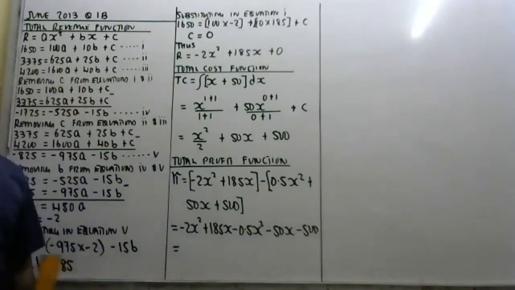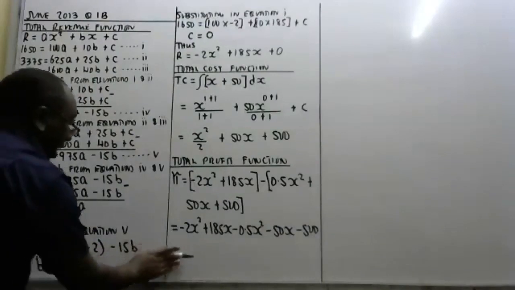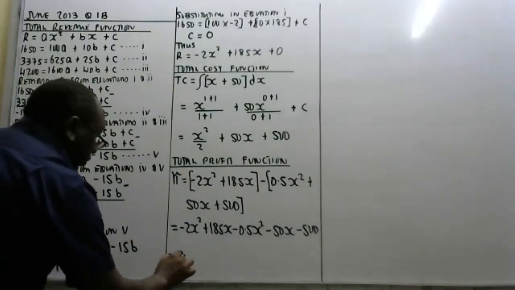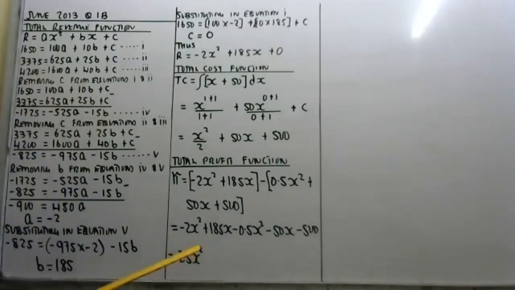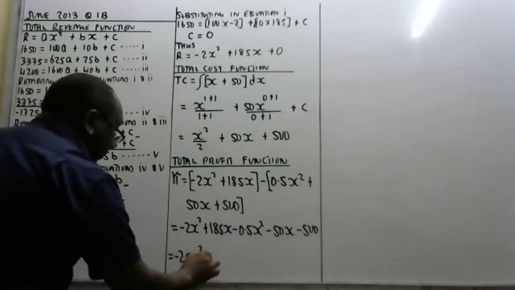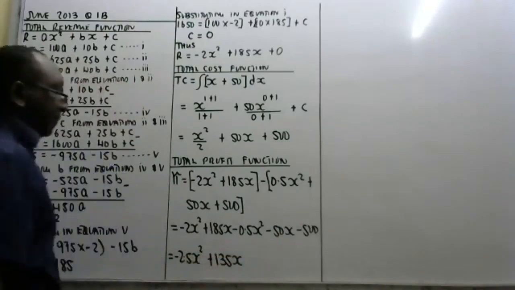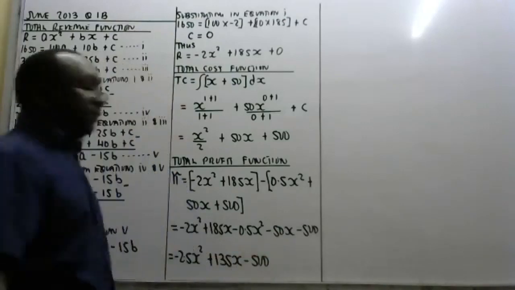And we proceed to put the like terms together. So this becomes what? Negative 2.5x squared. This 185, you join it to this minus 50, you are left with plus 135x minus 500.